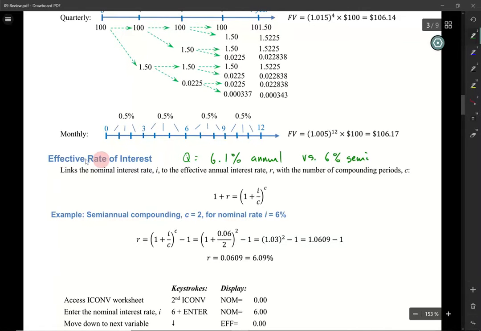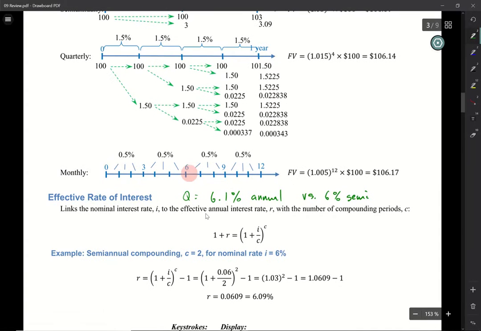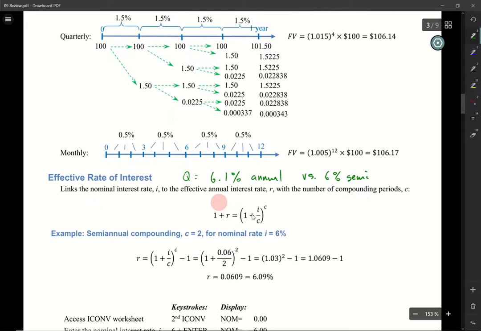By converting whatever, 6% compounded quarterly or 5.8% compounded monthly, to net it all out and make it easier to compare, we just convert all of the interest rates to an annual basis. So basically, how do you find the effective rate?